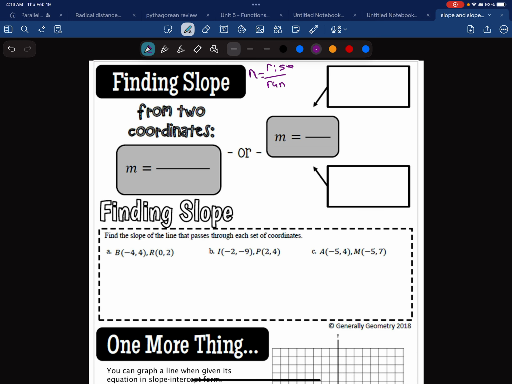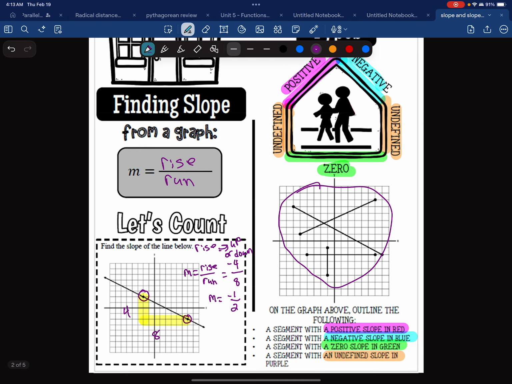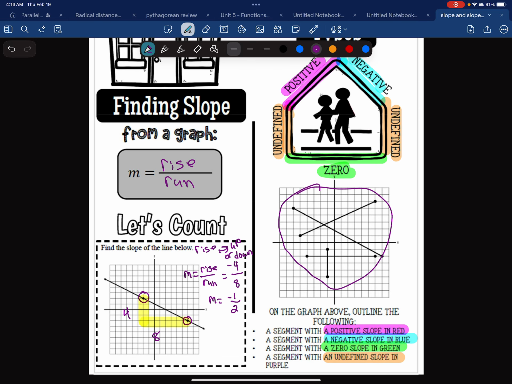When we talked about the distance formula, we talked about how it was simply changing a location. So right now we're just counting the change in location.